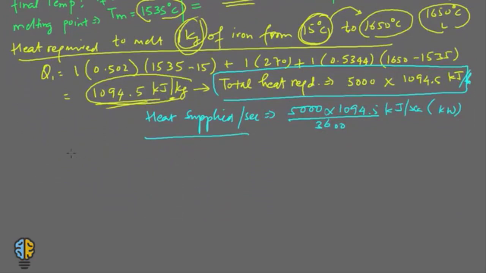Now you are given the furnace efficiency. The furnace efficiency is basically equal to the heat supplied per second divided by the rating of the furnace.